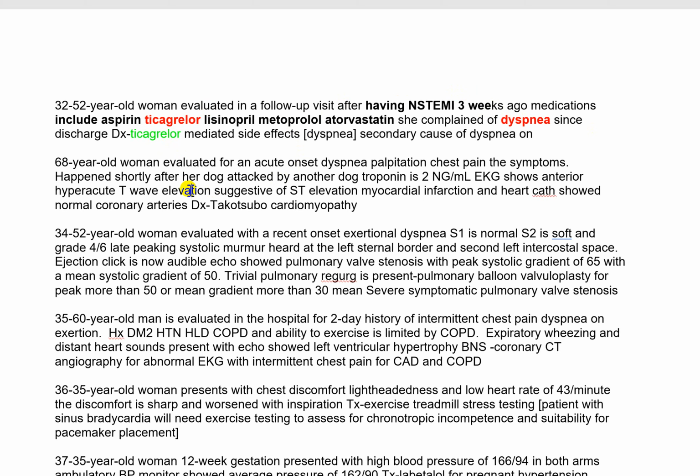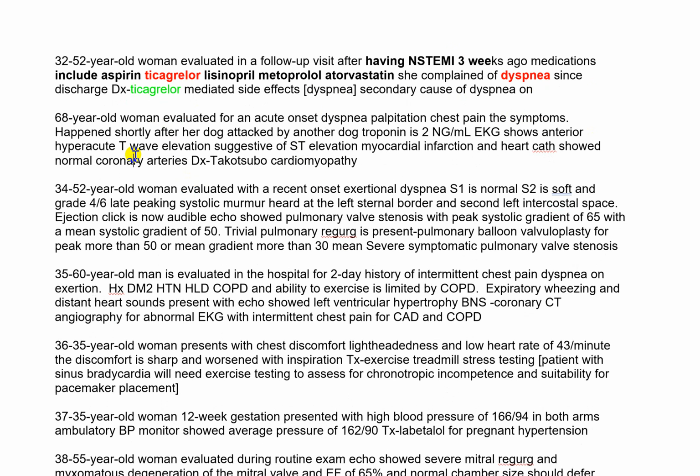Okay. Now we have a lady that has acute onset dyspnea, palpitation, chest pain, which happened shortly after her dog was attacked by another dog, and then EKG shows anterior hyperacute T-wave inversion suggestive of ST elevation myocardial infarction.